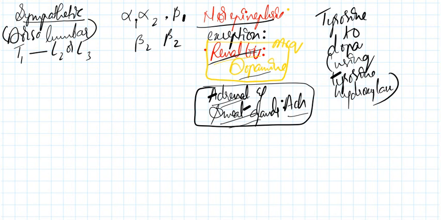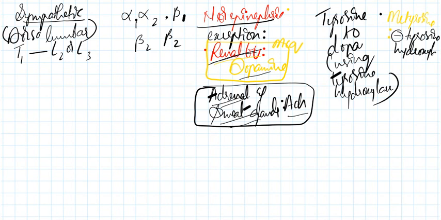Now, mention some drugs in the sympathetic system, with their mechanisms. The first one is metyrosine. What does this metyrosine do? It blocks tyrosine hydroxylase.